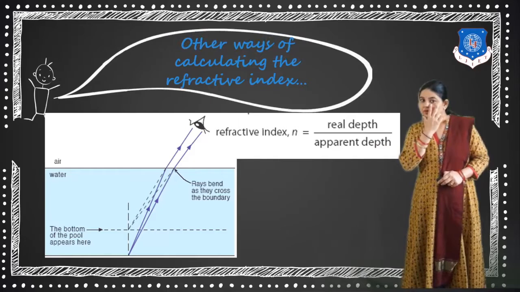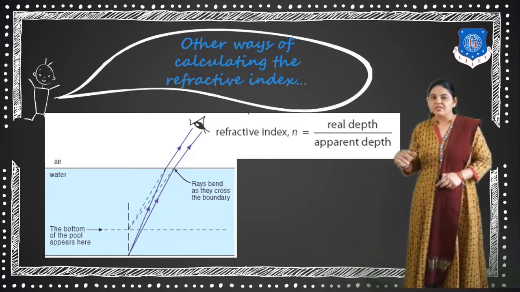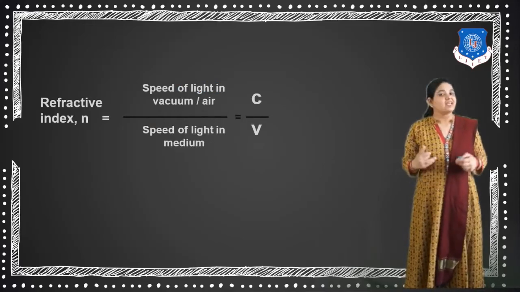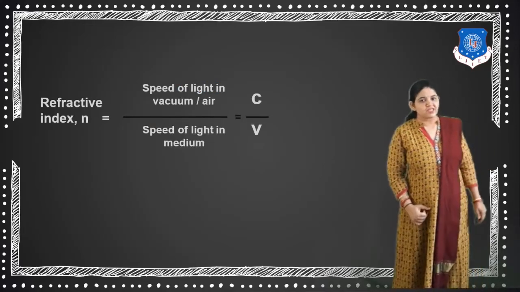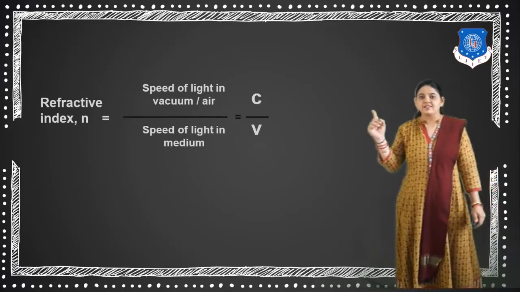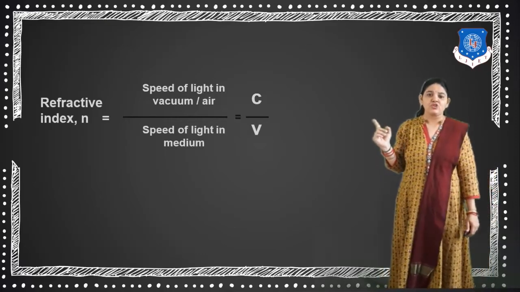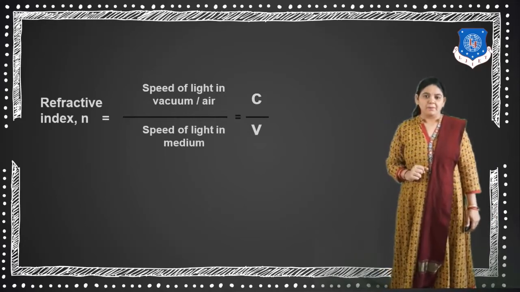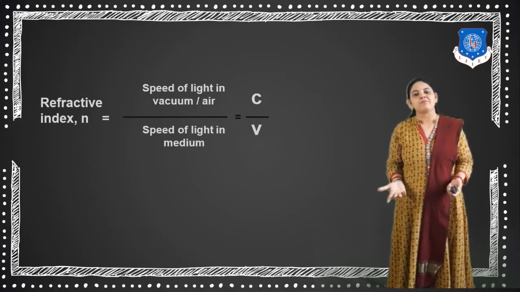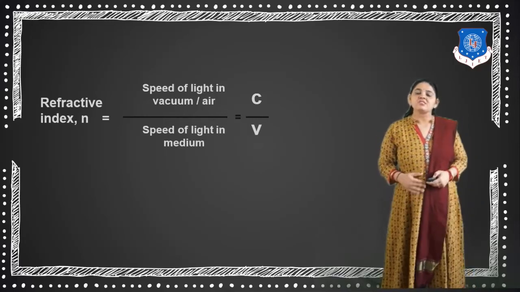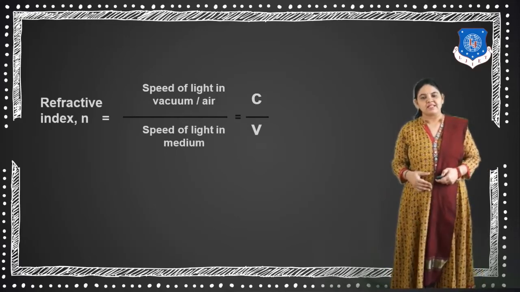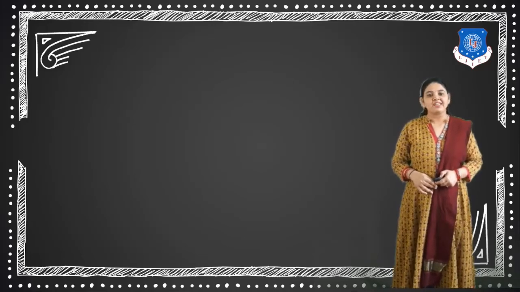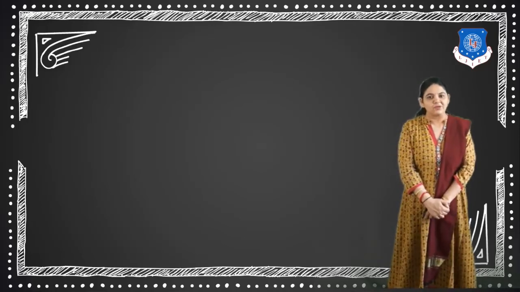When you look with your eye, you can see the difference, and from that you can also find the refractive index. What is the definition of the refractive index? It is the speed of light in vacuum or air divided by the speed of light in the particular medium. So we can write c divided by the speed of light in the medium, that is v. This way we can find the refractive index for a particular medium.